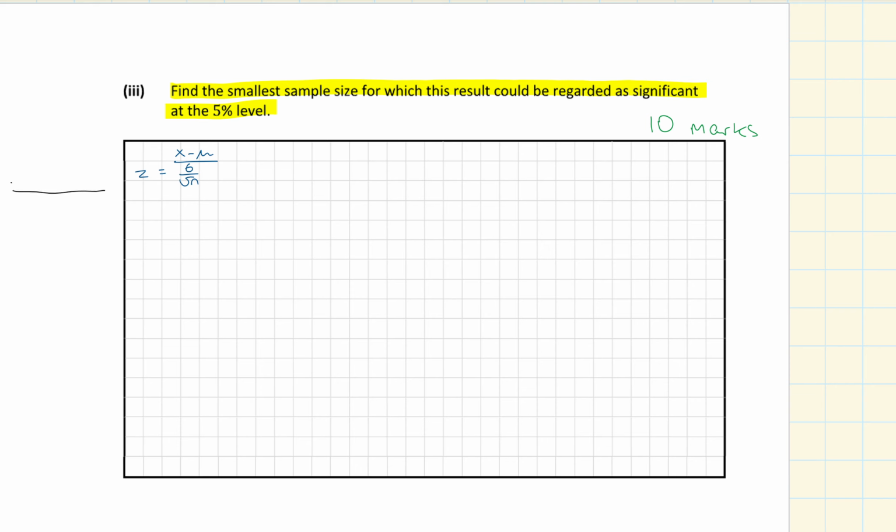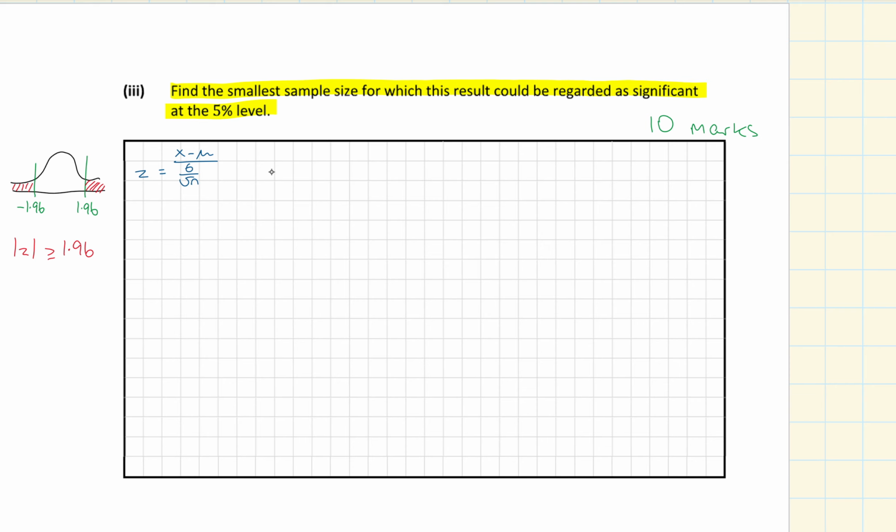For a result to be significant, we need to enter the critical area, so the modulus of Z has to be greater than or equal to 1.96.